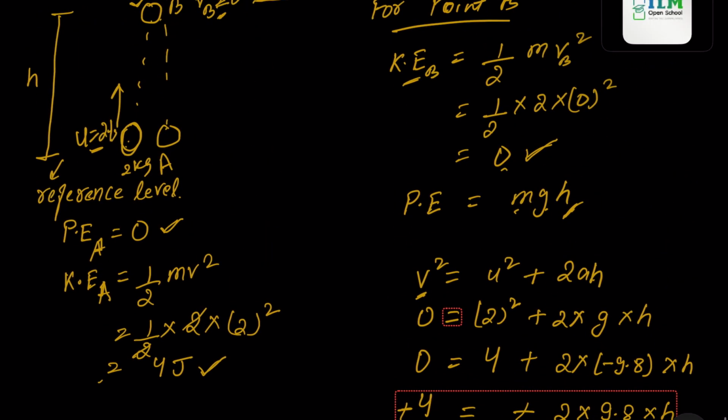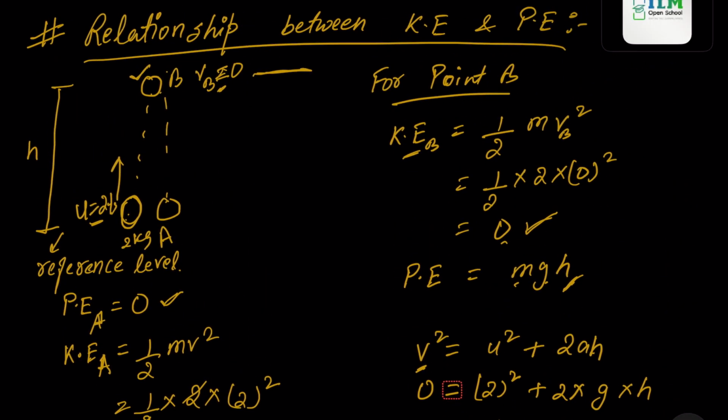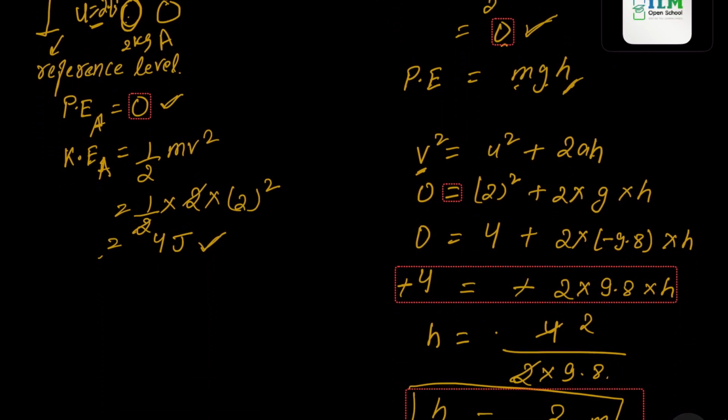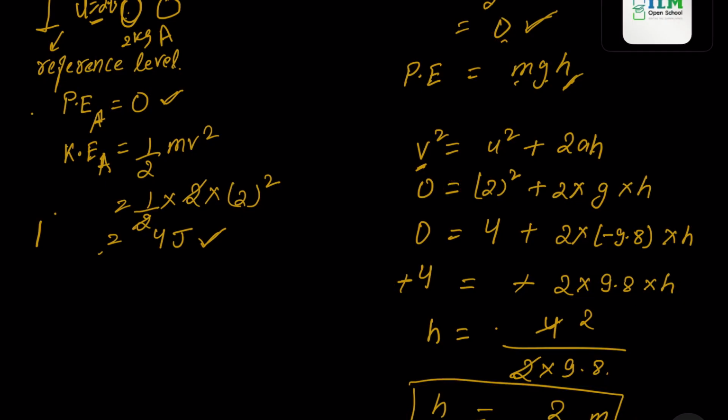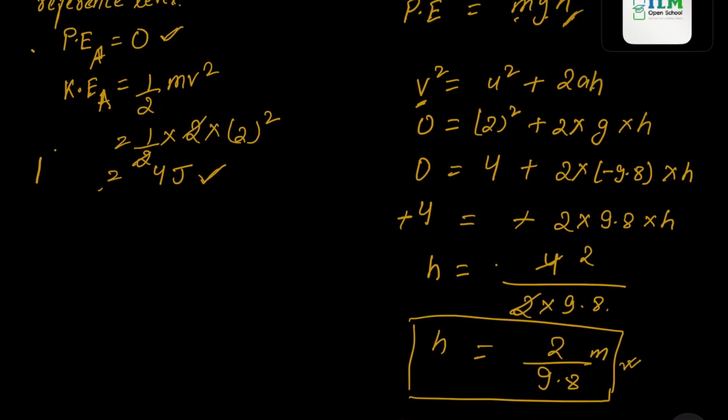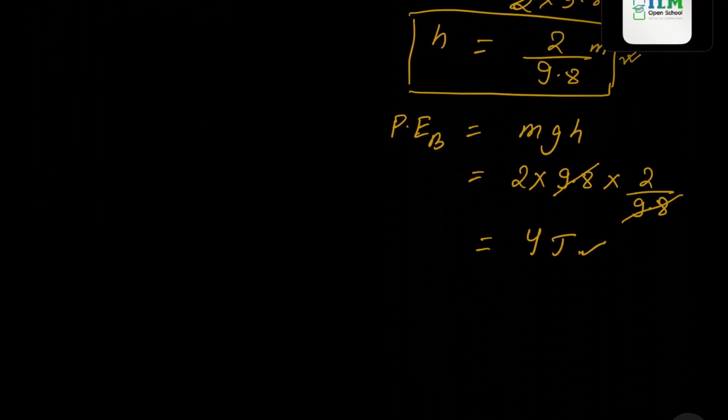From here, we can also see what we have studied earlier in our early classes, that energy can't be destroyed, can't be created. Energy is conserved. So what we are seeing is, when kinetic energy is decreasing, at the same time potential energy is increasing. The sum of kinetic energy and potential energy will always be constant. The total energy always remains same.